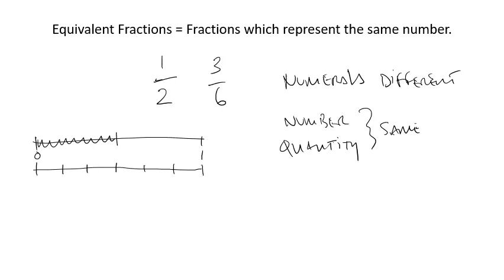So now this would be in sixths. So I can shade this in. And so I can see that my 1/2 and my 3/6 represent the same quantity, right? So linearly, I could tell that this is the case. I'm not going to go through an area model example or a circular model example. If you want to see those, you can go through those. So I'll just use this one model to show it. But this is what we mean by equivalent fractions.